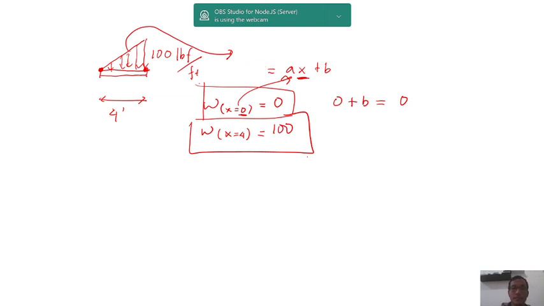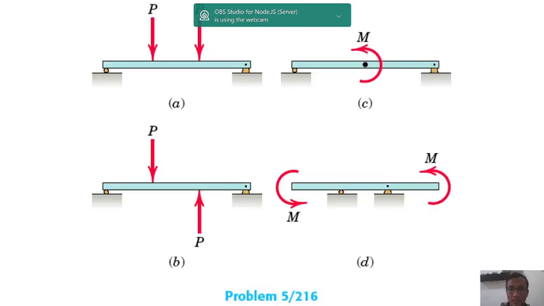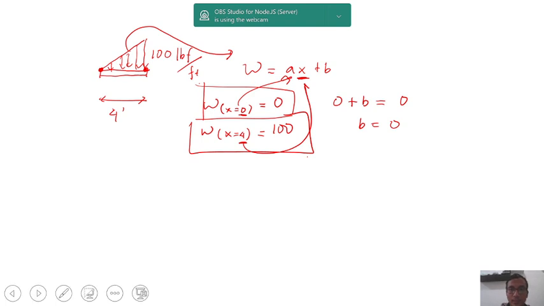So the first equation is 0 plus b is equal to 0, so b is equal to 0. Then, using the second equation, we substitute x equal to 4: a multiplied by 4 plus b is equal to 100. The w is equal to 100.